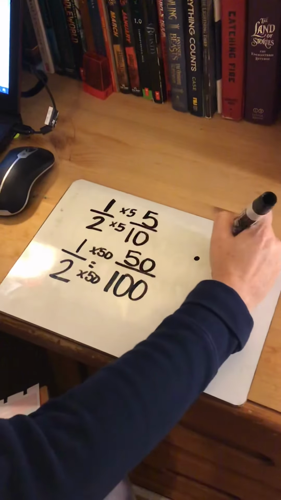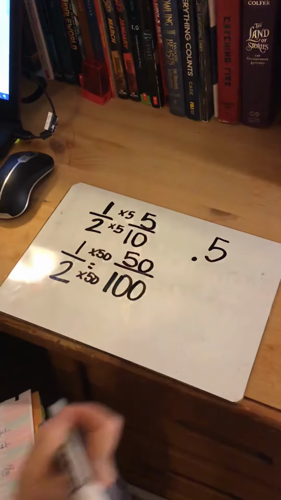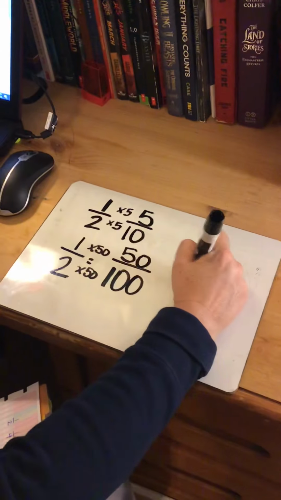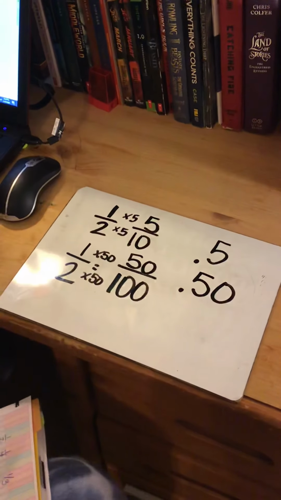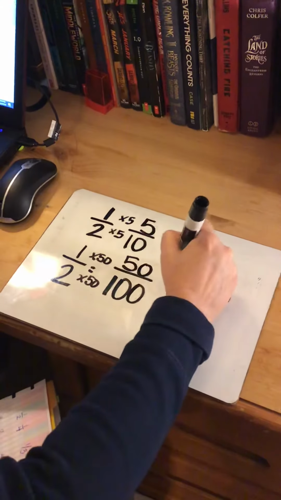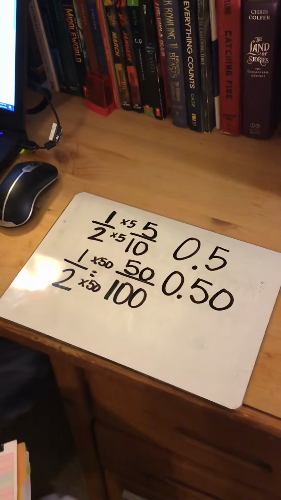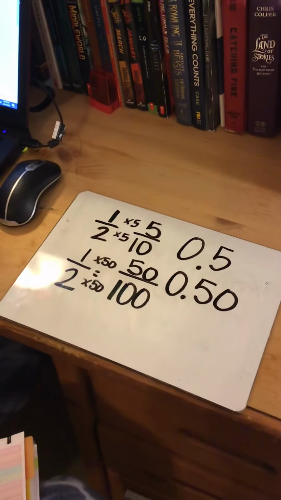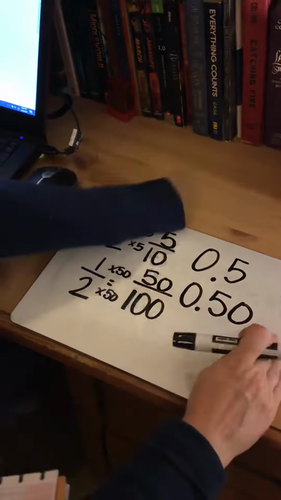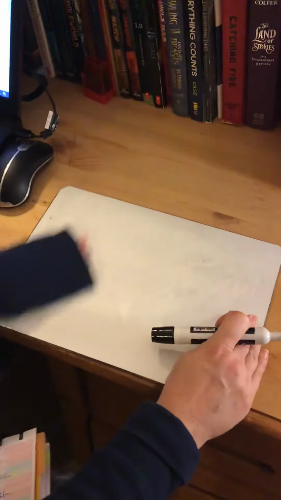So 5 tenths looks like this. 50 hundredths looks like this. And of course, you can also show that there is not a whole number. The whole number is 0. So that is one way that you can determine the decimal.